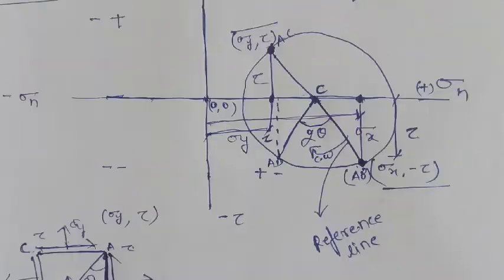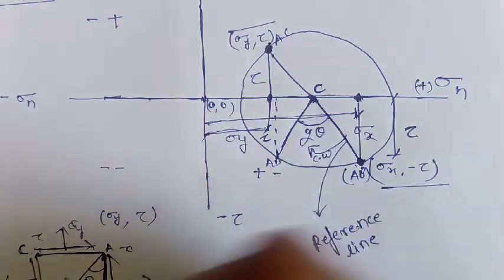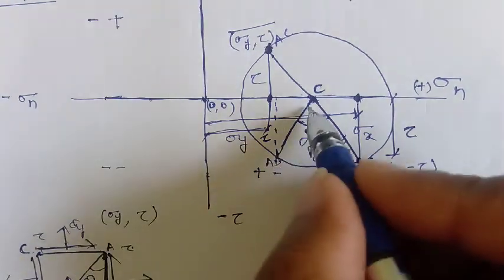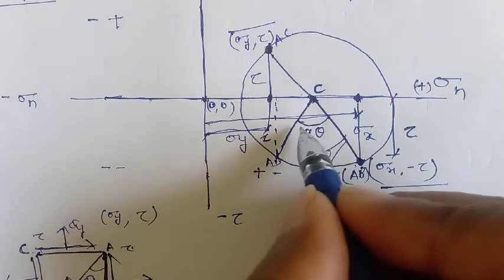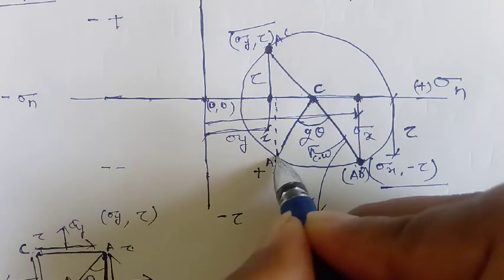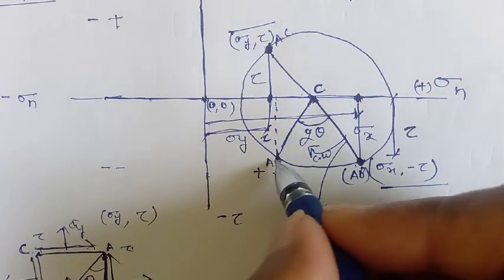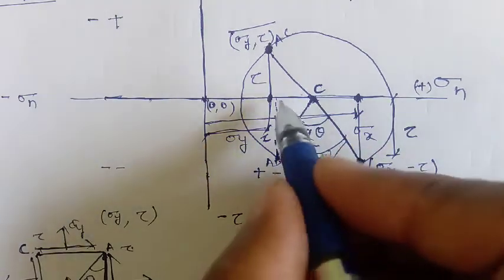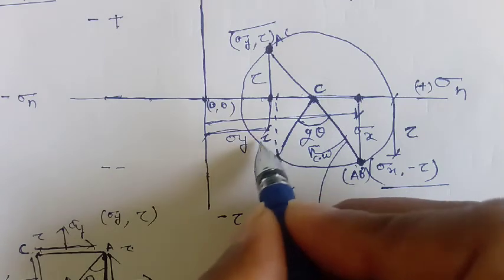So this maximum shear stress we can find on this oblique plane by drawing this oblique plane with the help of this reference line using a protractor, making 2 theta, and from this oblique plane if we draw a perpendicular line on this axis, this will be denoted as tau.